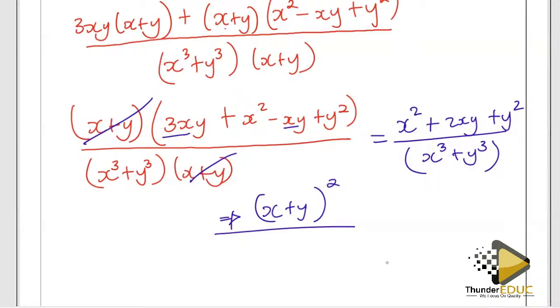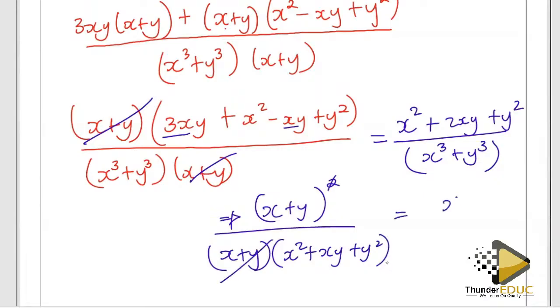If you want to factorize the bottom, you're going to have x plus y again, and then x squared minus xy plus y squared. So that 1xy cancels out 1xy. Then we're going to have x plus y over x squared plus xy plus y squared. So this should be our final answer for the 4 marks.